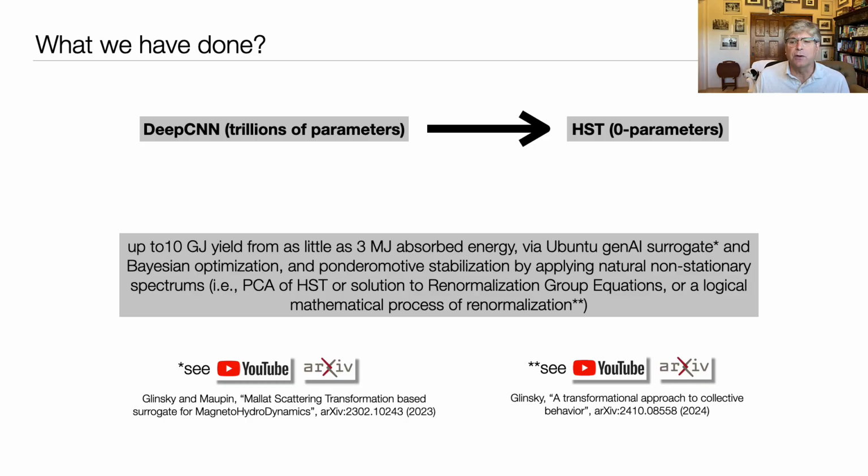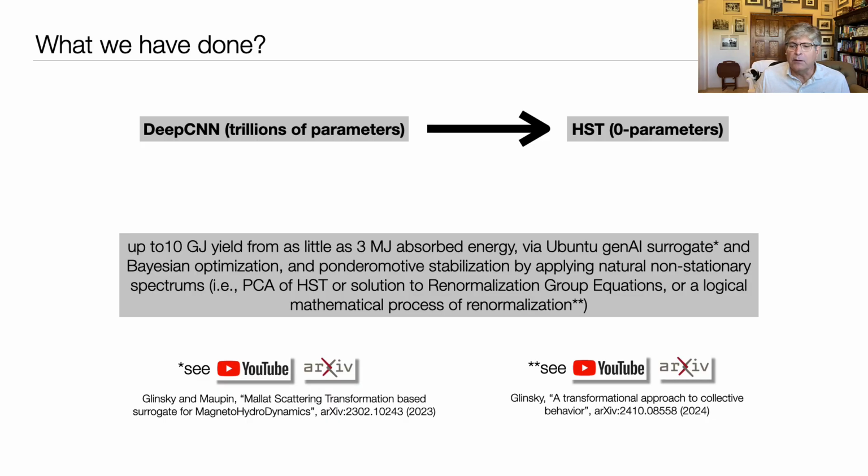A postscript. Ubuntu genAI is a very powerful tool in model estimation. This emanates from the linkage of the form of the Lagrangian, function and functional form, and the non-stationary spectrums that are found by the HST plus PCA.